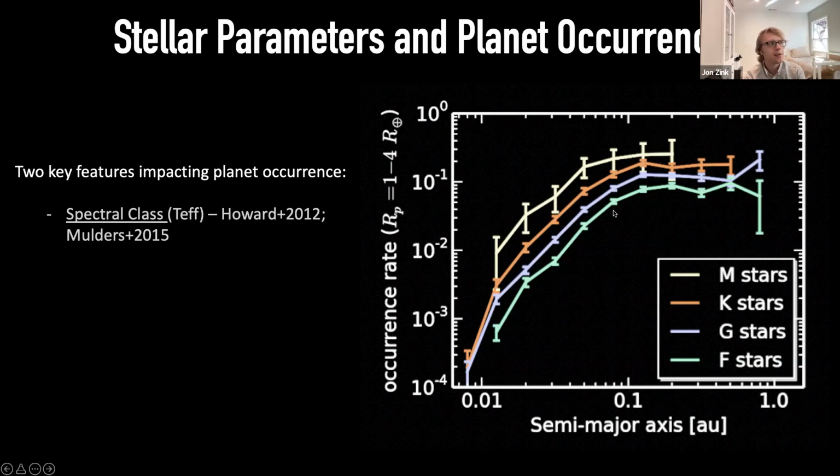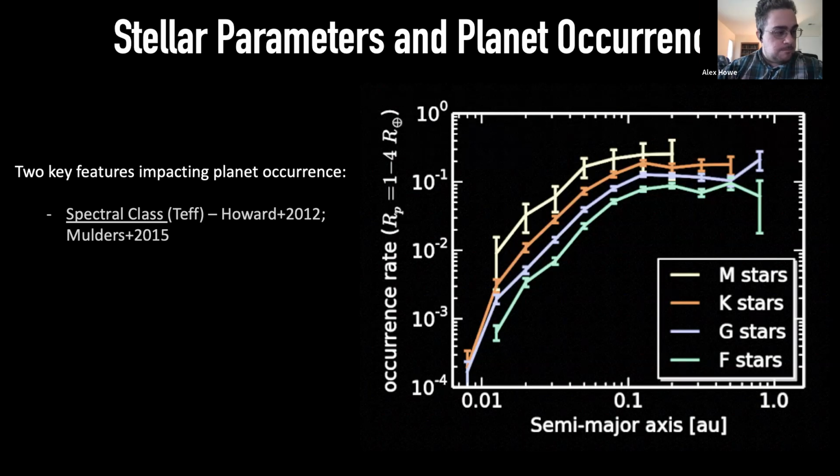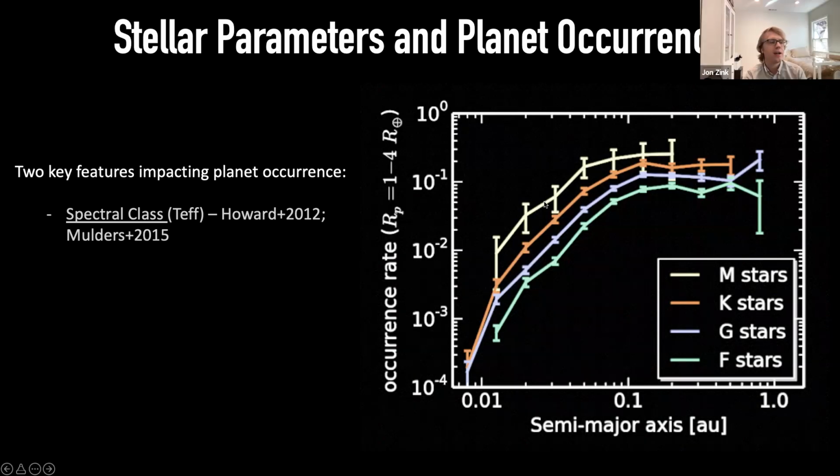But that's an interesting point. So you're saying M dwarfs may have an increased occurrence because they have higher energy? Is that true at the same period? Lower energy, I think. Or actually, I'm not sure now. That's an interesting point, though. I'd have to think about the orbital energy aspect of that. Thanks for bringing that up.